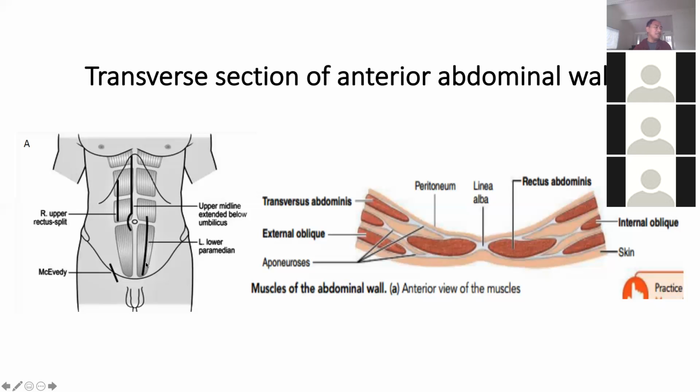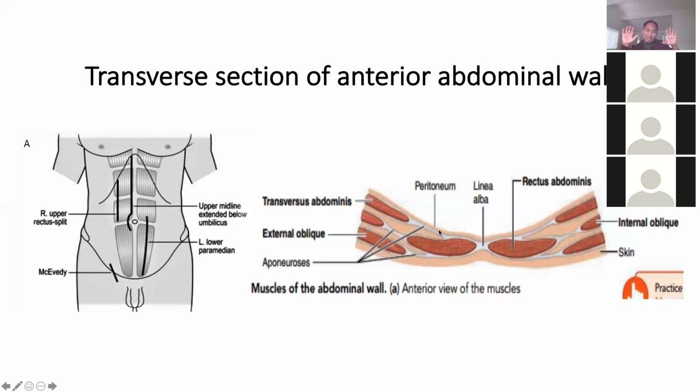So what about this sort of incision? A paramedian incision, just off the midline incision. They will have to go through here, cut here, open the anterior sheath of the rectus, split the rectus, open the posterior sheath of the rectus, and then go into the abdomen.